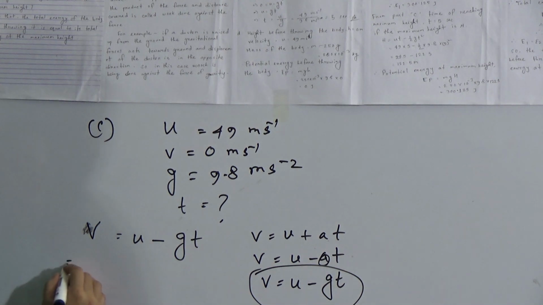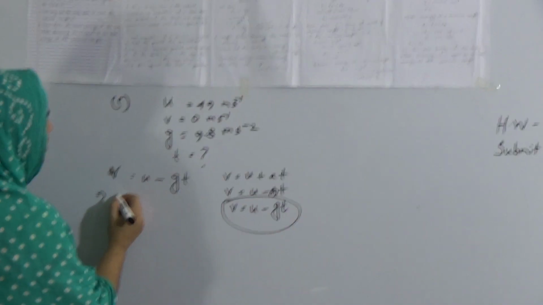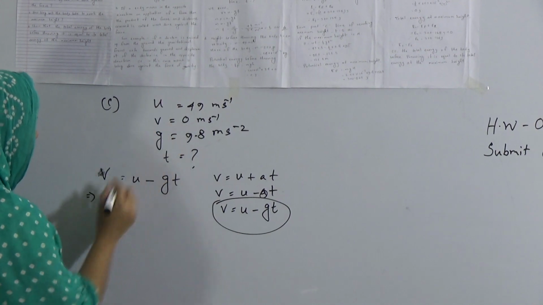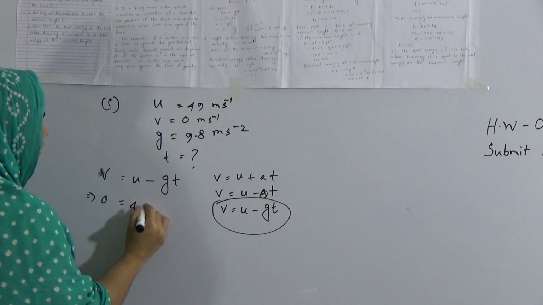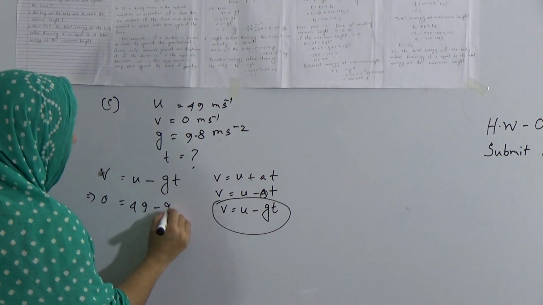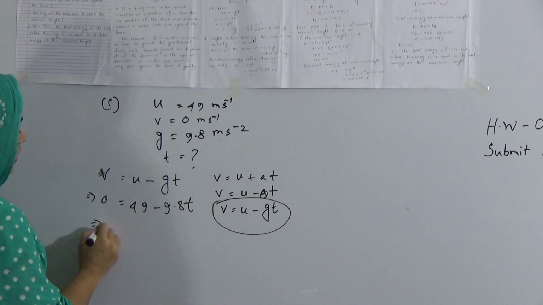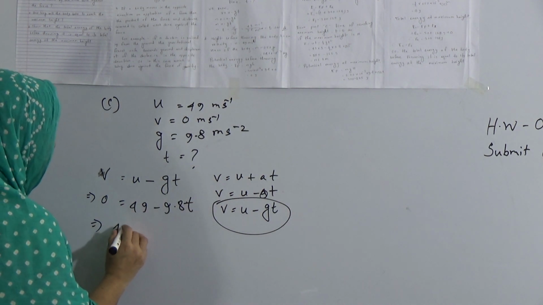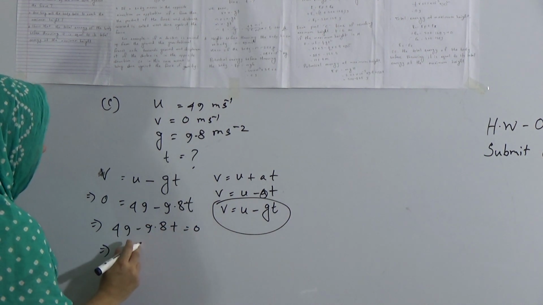Okay, now put the value. v equals u minus gt, here given v equals 0, u means 49, g means 9.8 meter per second square, and we have to find out t. So we write 49 minus 9.8t equals 0.